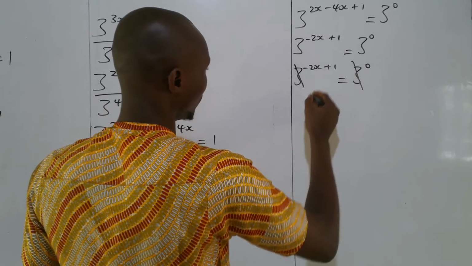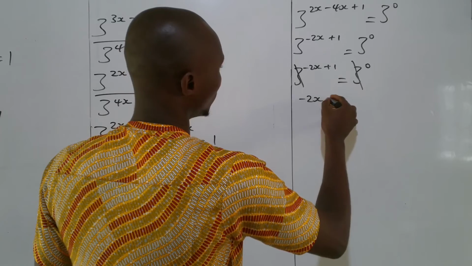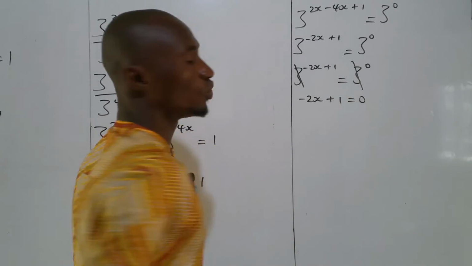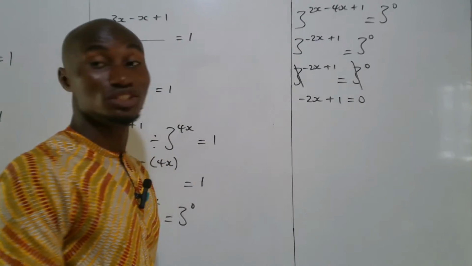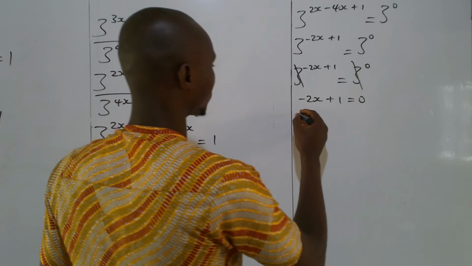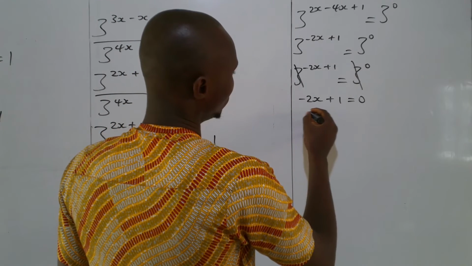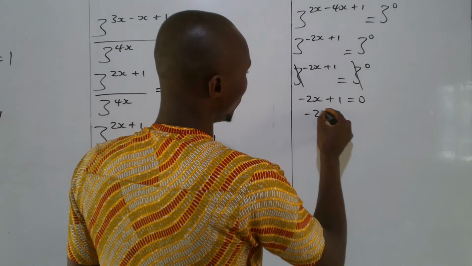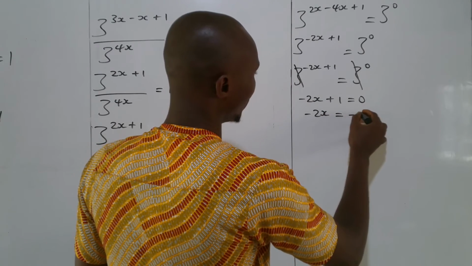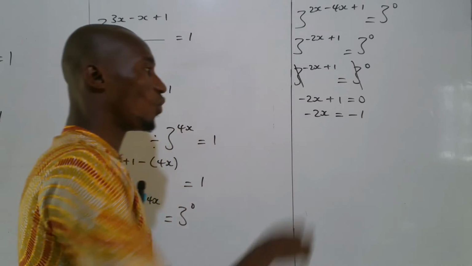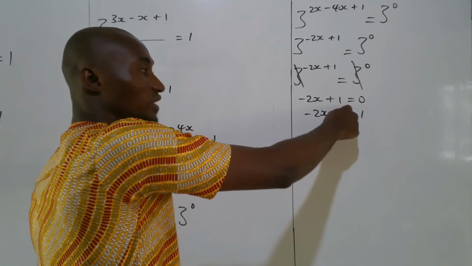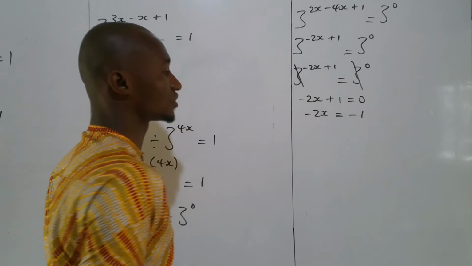The 3 will cancel out here. We have minus 2x plus 1 equals 0. You make x the subject of the formula. That means minus 2x equals minus 1, because when 1 crosses the equality sign, it's going to be minus.